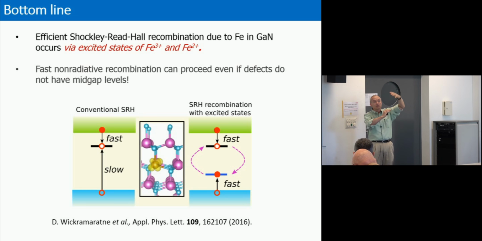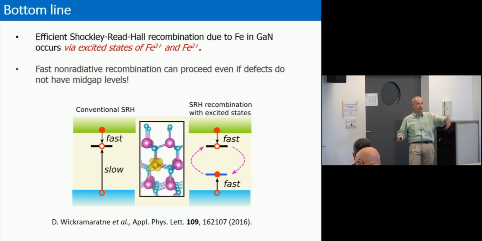But if you think about it, that would mean that if you look at materials with increasingly higher band gaps, aluminum gallium nitride alloys, or even pure aluminum nitride with a 6 eV band gap, you would say, well, you never have to worry about defect-assisted non-radiative recombination because any position of the defect level will be so far away from the band edge that you're never going to get an efficient overall recombination cycle. Well, that's not true if you actually take the presence of excited states into account, okay?